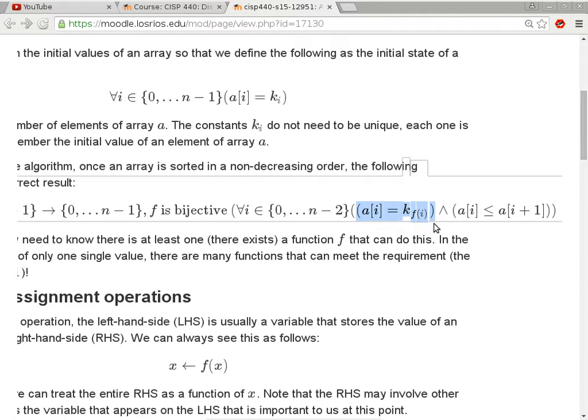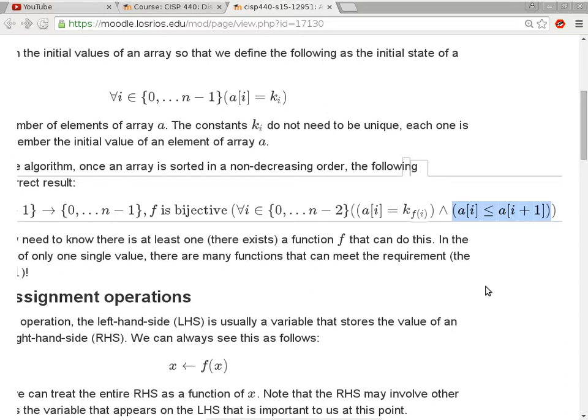So the requirement is this: it needs to have a value that is one of the values from the beginning. That's basically what it's saying. Because if you just want to enforce the second part, let me just highlight the second part, then it's easy. If you really just want this particular requirement and not care about the left-hand side of the conjunction, I can just re-initialize the entire array to -1, -1, -1.